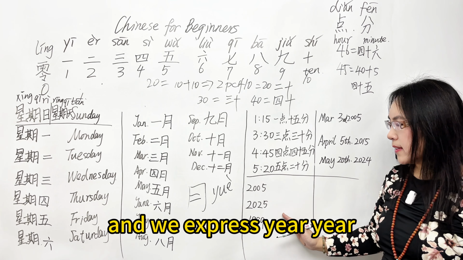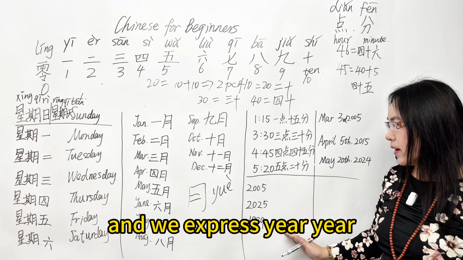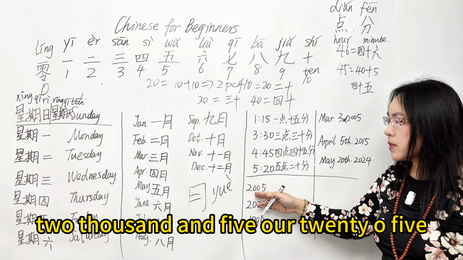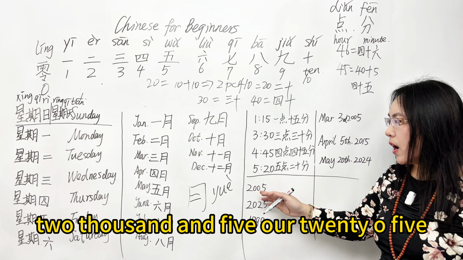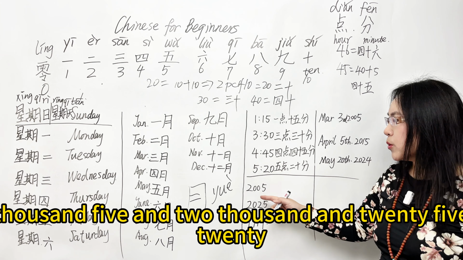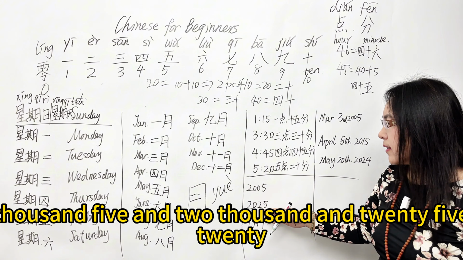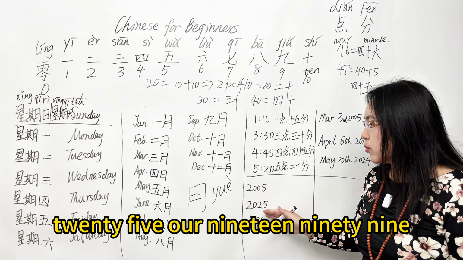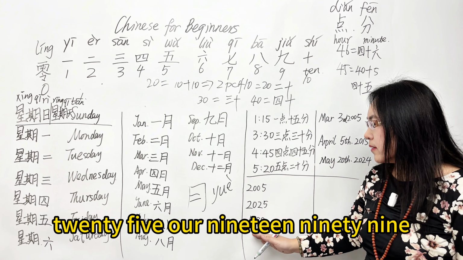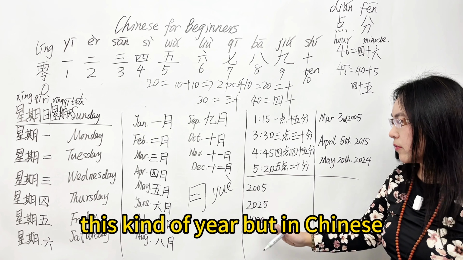And we express year, like 2005, 2025, 1999.